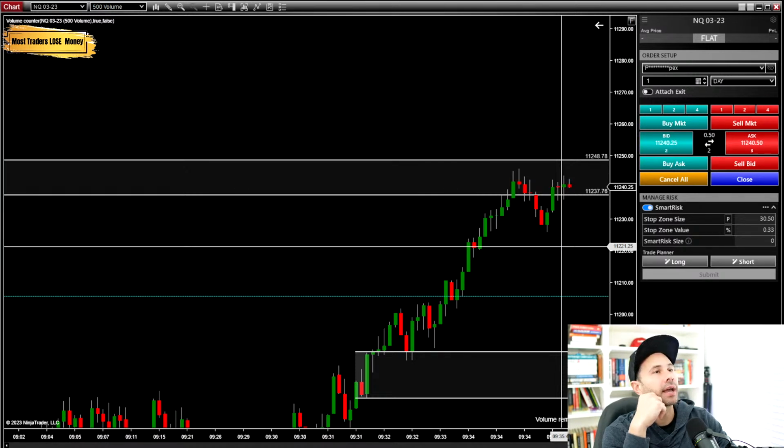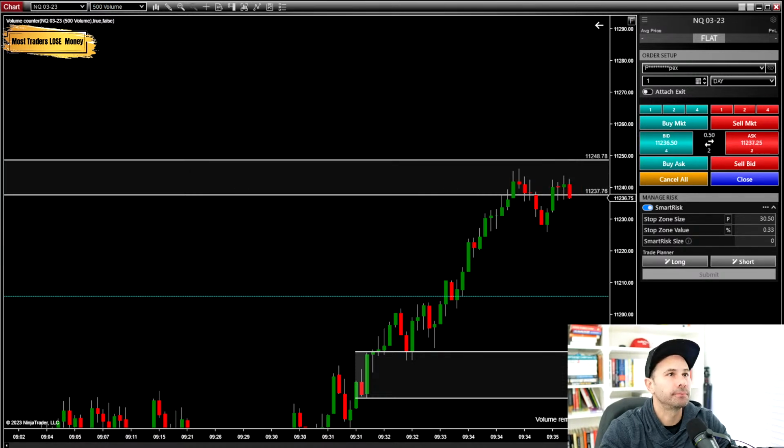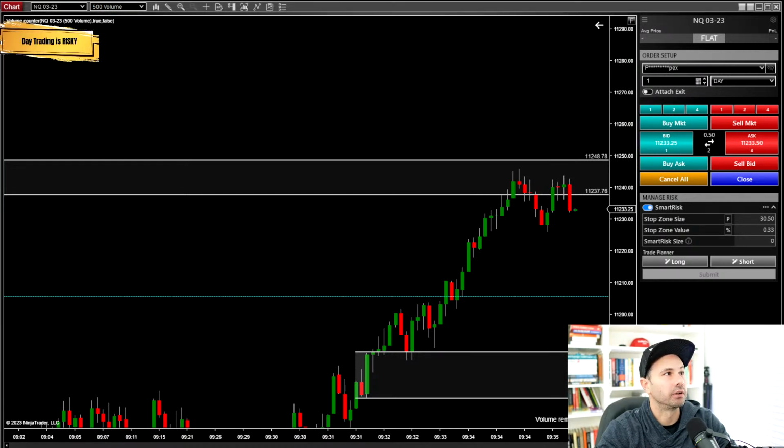Spectacular 7-minute candle on the NQ. Very high volume. Just to be aware of this, volume usually is around... well, no, volume is being higher. It's like 25,000 contracts.